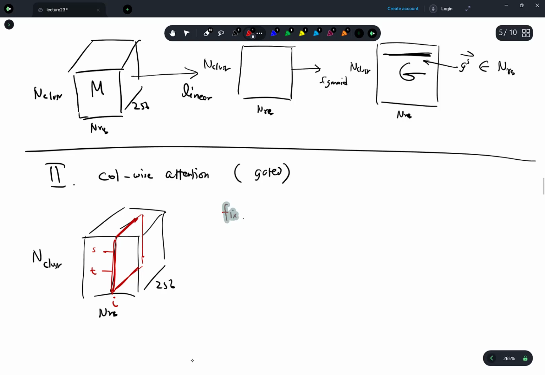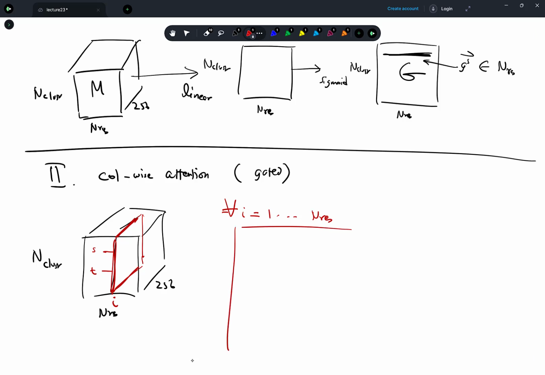So we fix that, and now we do attention over the sequences in n clust, meaning from 1 through n clust. So the same logic applies. It's exactly really the same information.